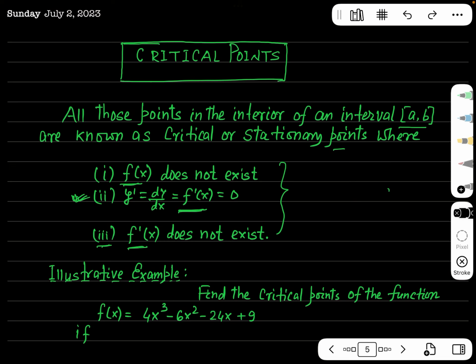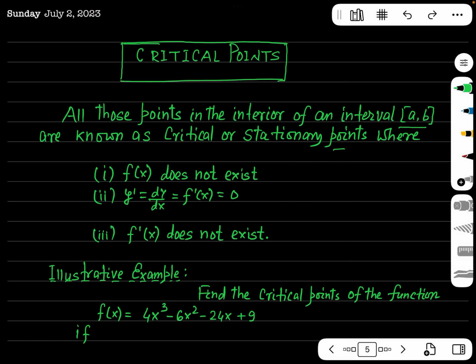I am taking a very important example here, and after this example you will know everything about critical points, and you can solve any problem based on finding the critical points of a function. So what is this problem? The problem says: find the critical points of the function f of x equal to 4x cube minus 6x square minus 24x plus 9.